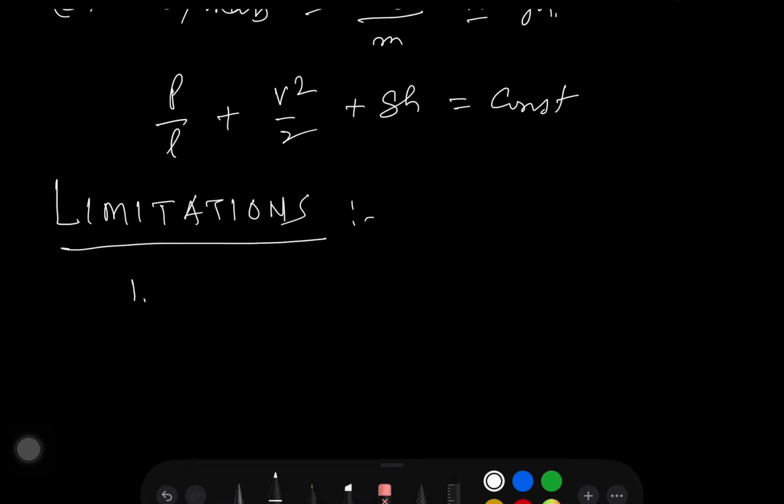Practically, what we observe, non-viscous liquid is an ideal concept, and as far as incompressible liquid, it is also an ideal concept. So 100% application of Bernoulli's theorem, we cannot assure 100% results of Bernoulli's theorem in any problem. So this is one of the greatest limitations of Bernoulli's theorem, right?